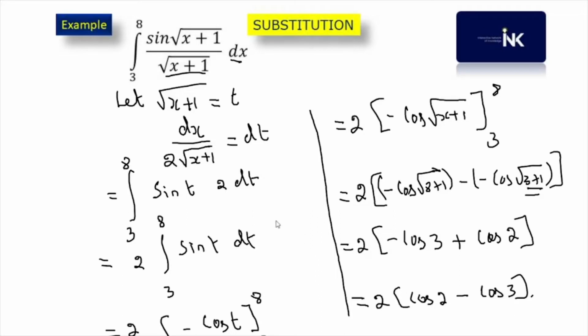So this is one method of finding definite integrals with the substitution method. There is another method. Here when we used substitution, instead of root x plus 1, we substituted t. In that case, we can do the same problem in a different way.